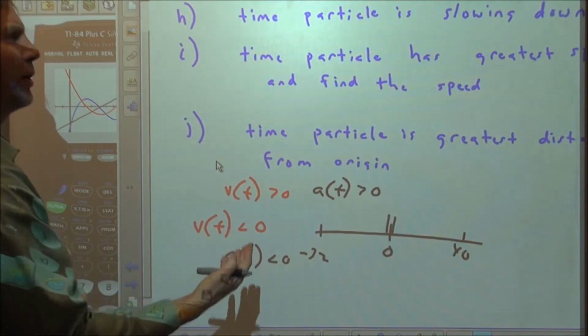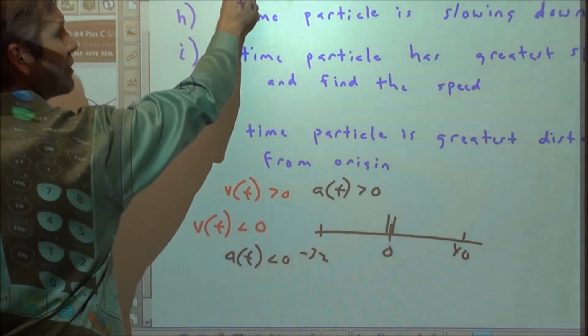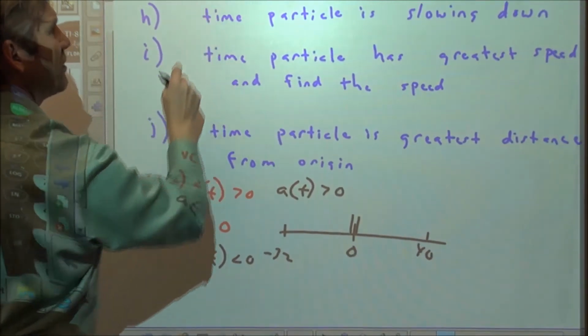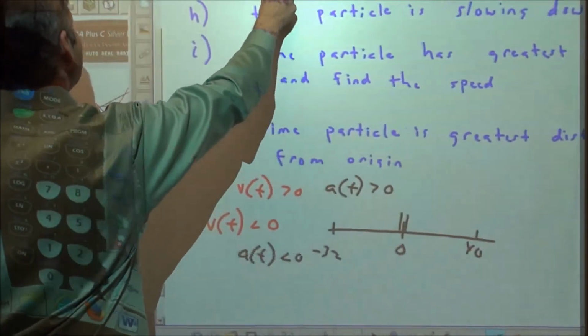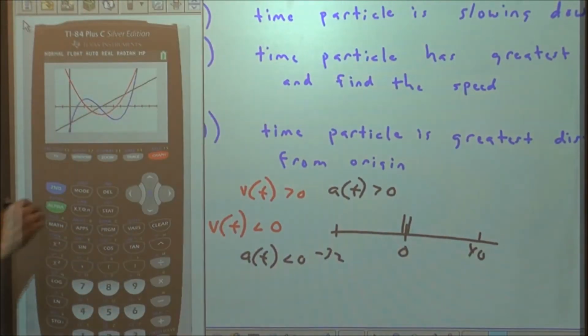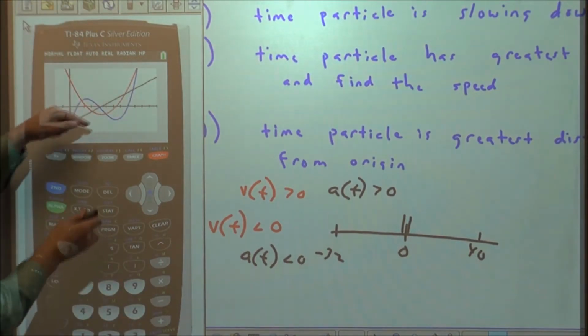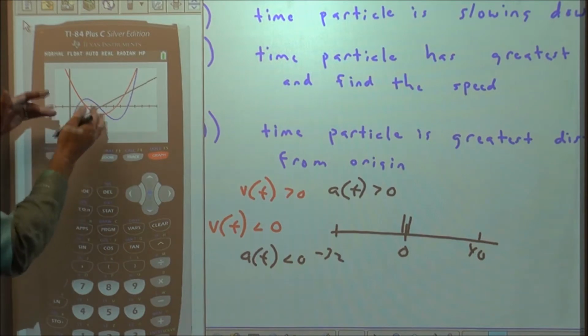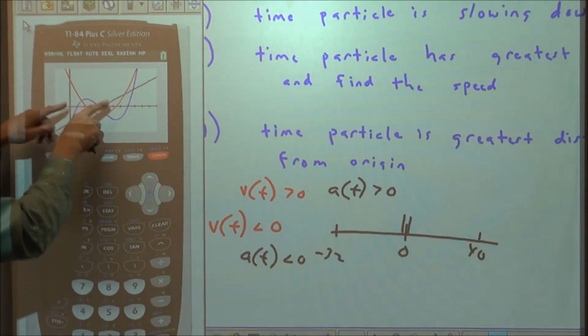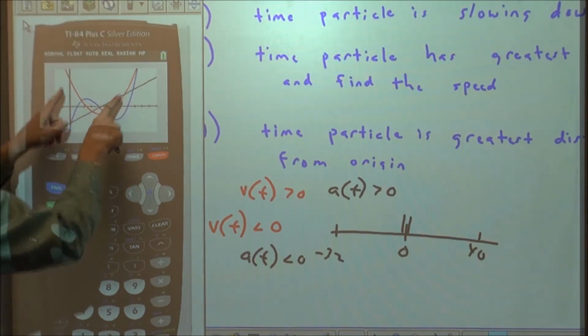Tell the time when the particle has the greatest speed. Speed is the absolute value of the velocity. So we look at when is the velocity function the furthest away from the x-axis. It reaches a negative velocity down here, maybe at negative 12 or something like that, but it gets much further away from the x-axis.